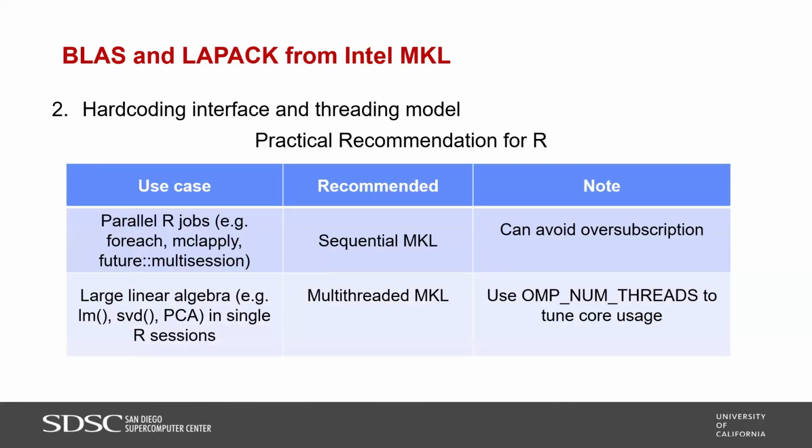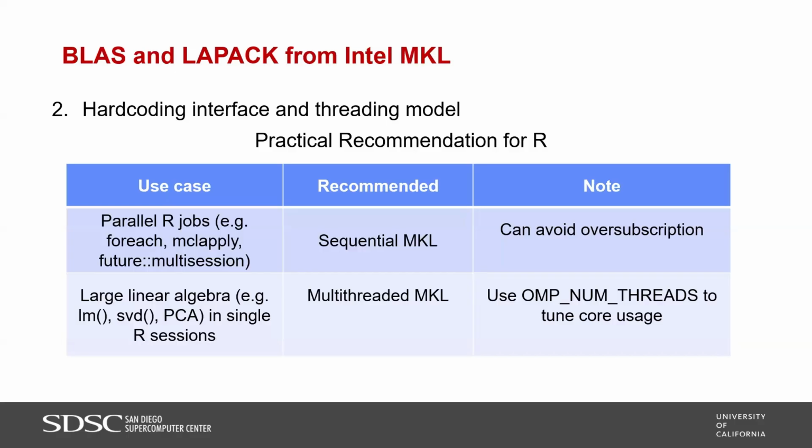So here is a practical recommendation for R, whether to use the sequential MKL or the multi-threaded MKL. If your tasks in R are mainly about running parallel R jobs with those parallel functions like foreach, mcapply, some functions like that, then you can probably consider building R with the sequential MKL to avoid oversubscription.